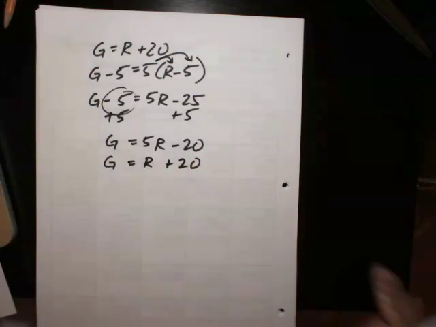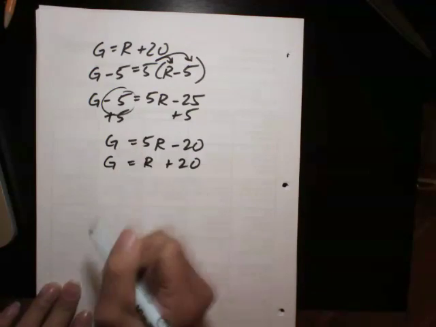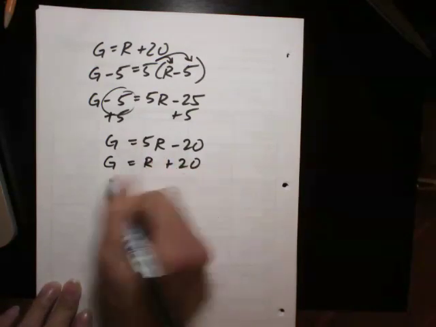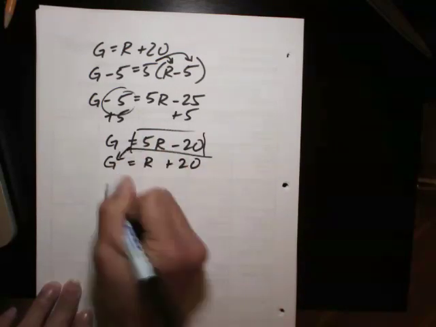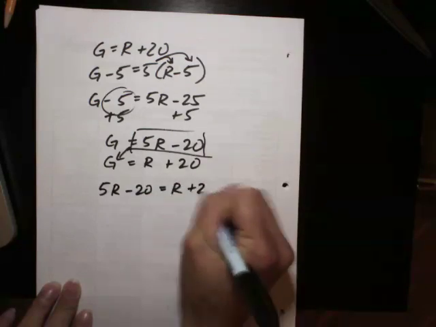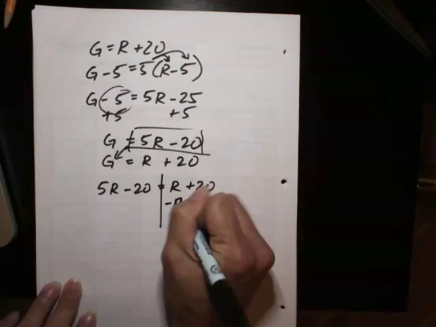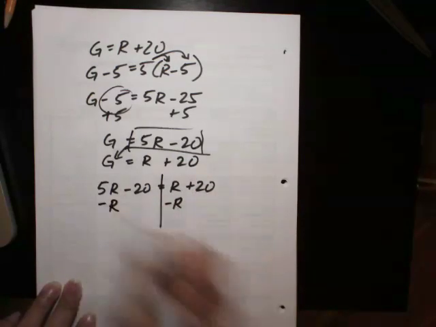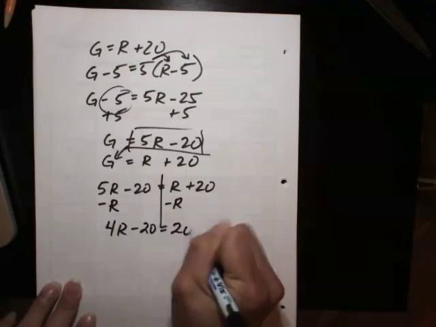And you can use any method in order to solve for G and R. In this case, it's already solved for G. So what I'm going to do is substitute in. 5R minus 20 will be equal to R plus 20. I want to move variables first. So 4R minus 20 will be equal to 20.